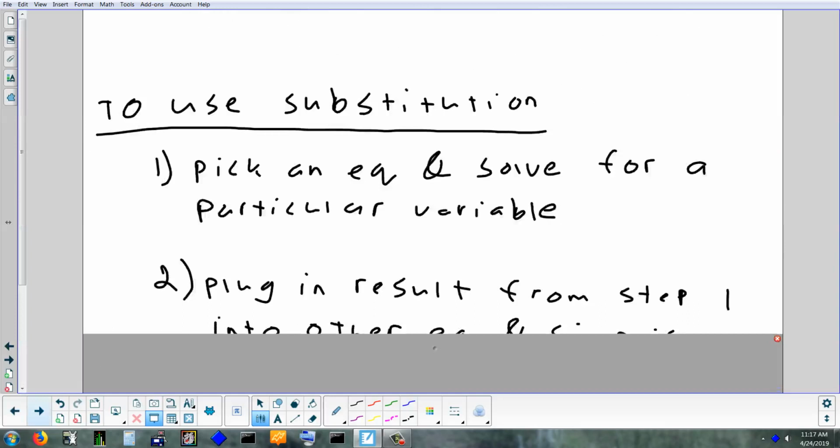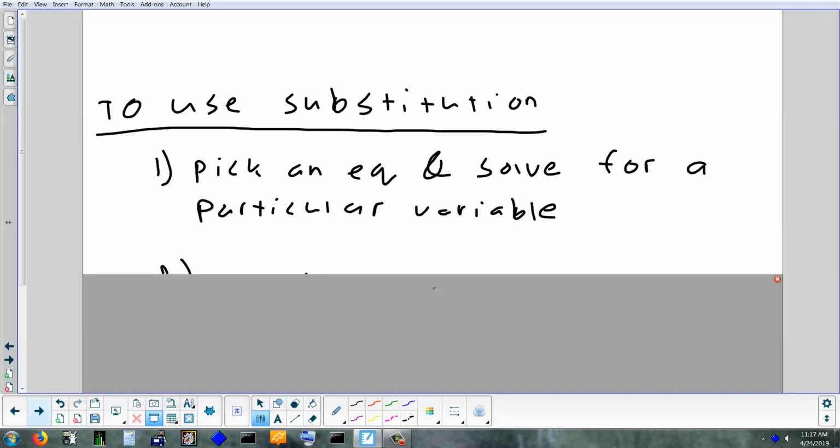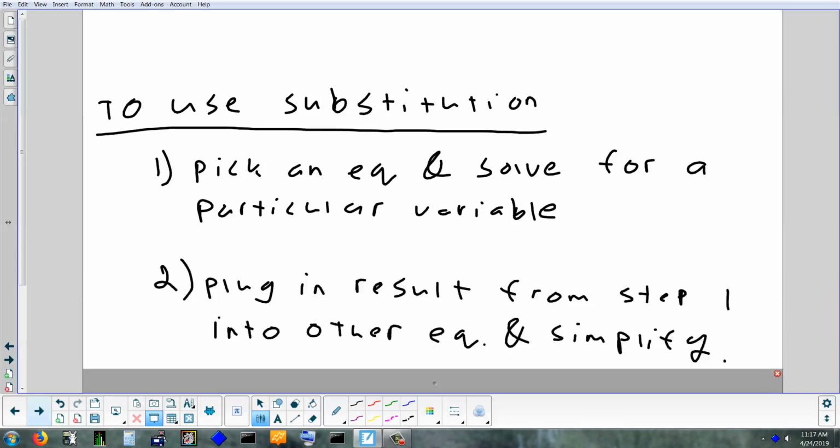So remember, with substitution, first thing you have to do is pick an equation, and then within that equation, pick a variable. So for the problem we just did, we would have 4 choices. We could pick equation 1 or 2, the one for the area or the perimeter, and then from there you could solve either for L or W. But pick an equation, pick a variable to solve for.